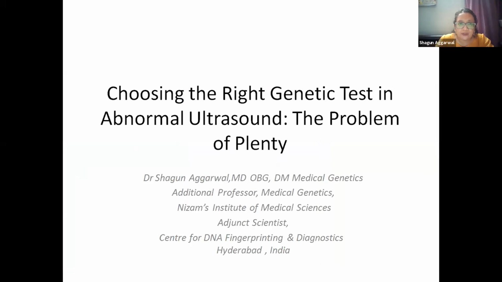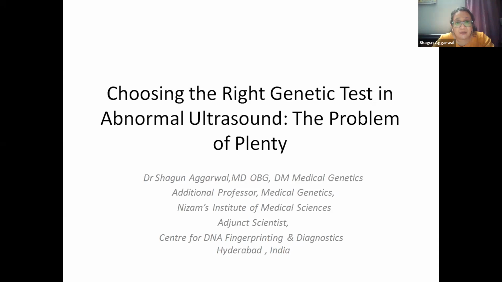What I'm going to talk about is a practical approach to how to choose a genetic test when we are faced with an abnormal ultrasound finding. With advances in genomic technology, we have so many tests available at our fingertips. These tests enable us to look at the fetal DNA in such intricate detail, which was unimaginable with a simple karyotype a few years back.